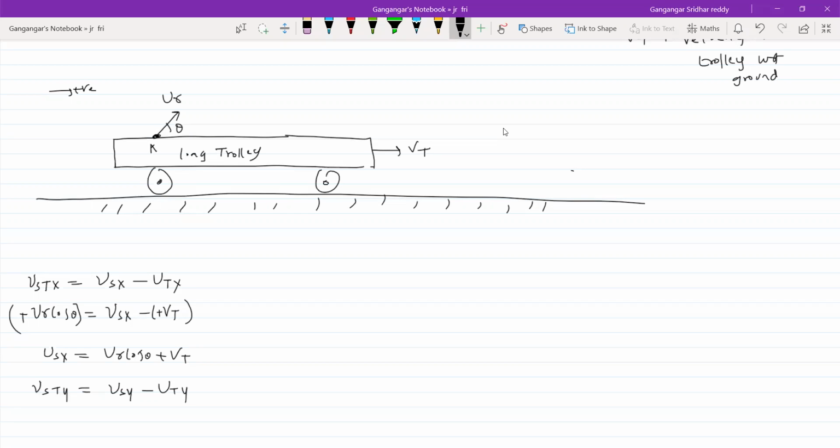How is the trolley moving? Suppose you are moving on a truck. How will the truck move? Along the road. Will it move vertically? Not possible, no? So this will be 0. And this is UR sine theta. So USY is equal to UR sine theta. I think these values are going to help us a lot.